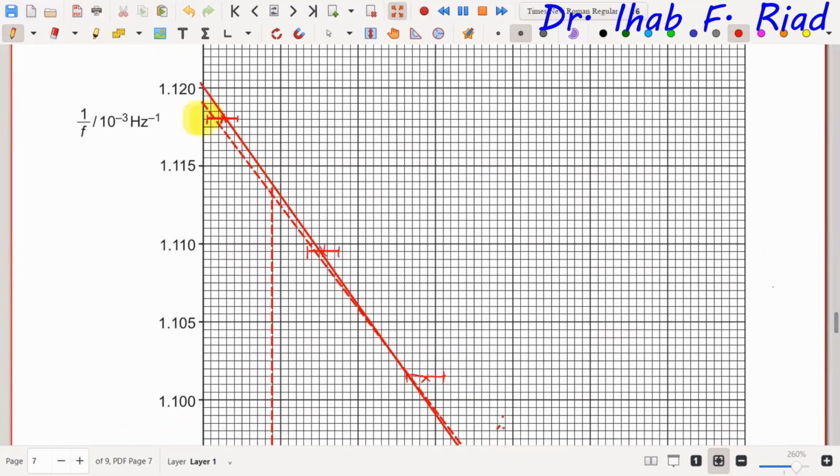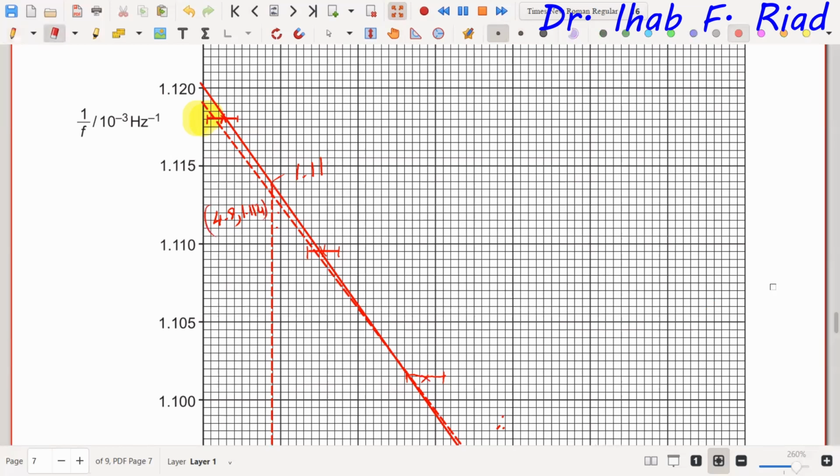What about here? We again take two values, 1 and 4. What is the value over here? 4.8, right? What is the best fit line? It is going to be 1.114.